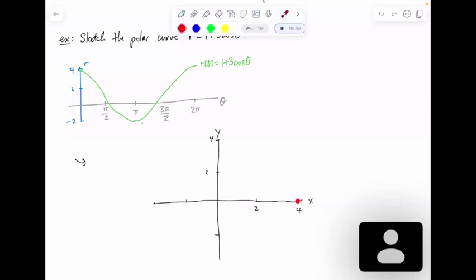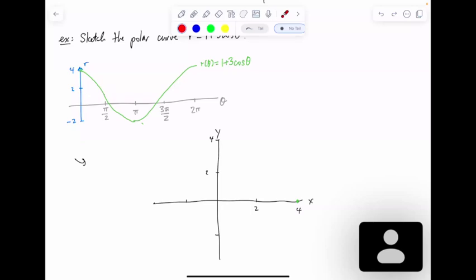And then if I increase my angle from 0 to pi over 2, my radial arm is going to diminish in length. It's going to shrink from 4 away from the origin all the way to a distance of 1 away from the origin.